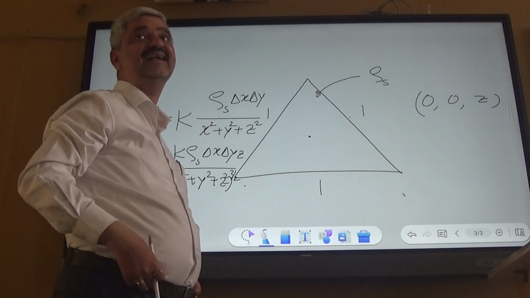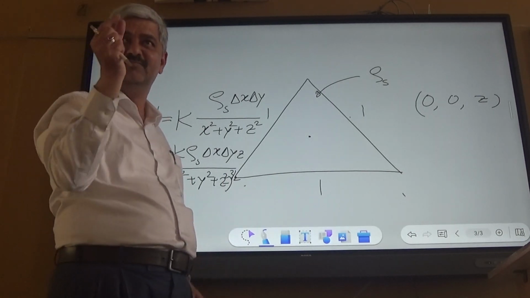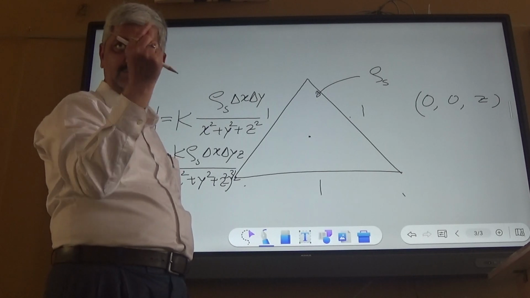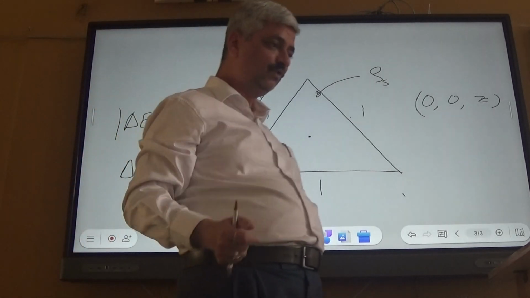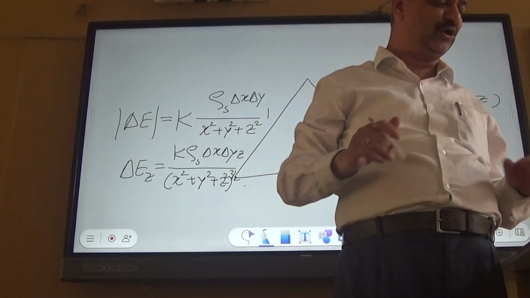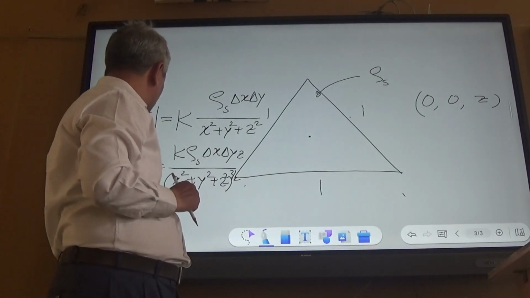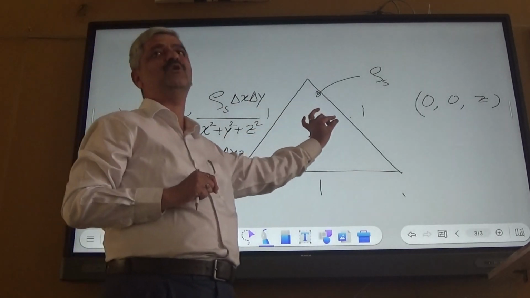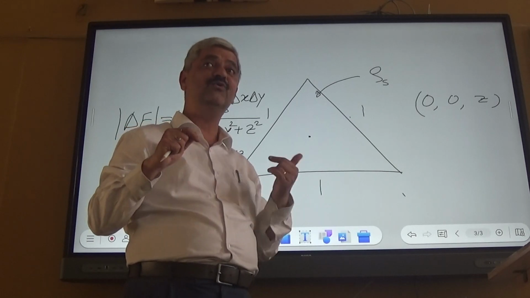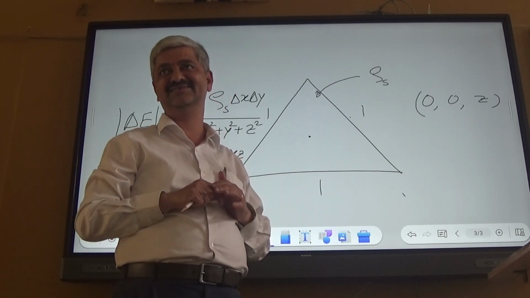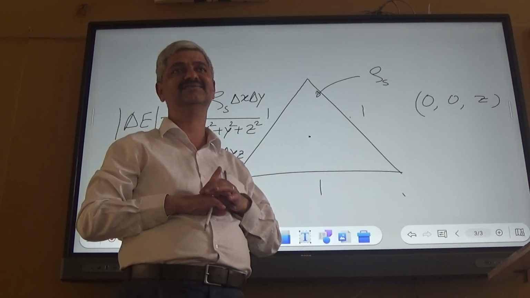But the only problem is, what is the problem? We consider the surface to be made up of approximated points, and this is the contribution of one such point. Now the question is, how will you put the limits?